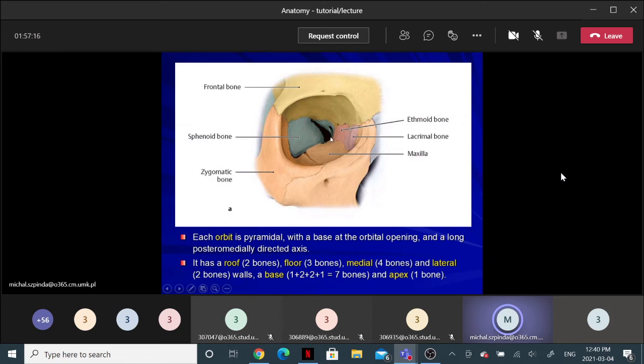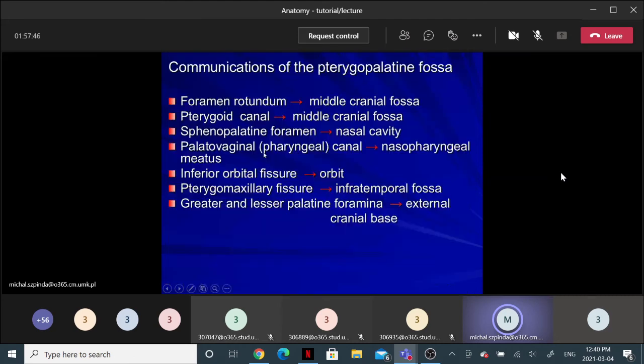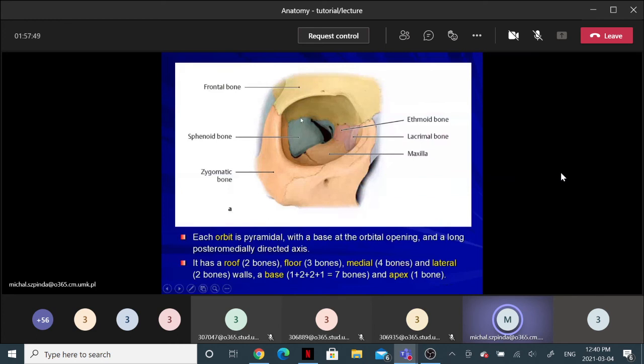It's called the orbital process of the palatine bone. As you know, the orbital process of palatine bone has 3 surfaces. One surface is involved in the anterior wall of pterygopalatine fossa, while the other is involved in the orbital floor. It's just here.